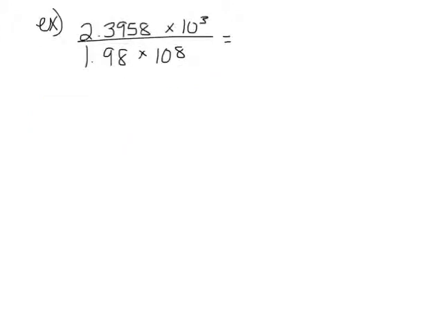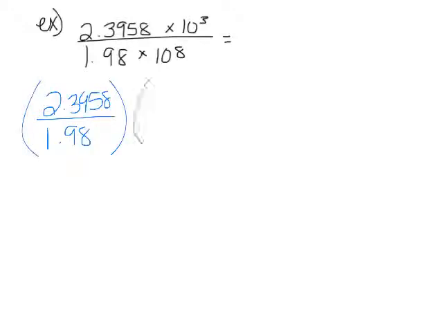Let's go ahead and take a look at another example. For this example, I'm going to follow those same steps. I get 2.3958 divided by 1.98. I'm going to multiply that with 10 to the third over 10 to the 8th.